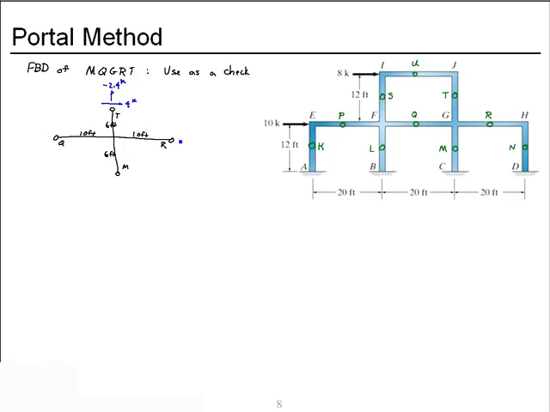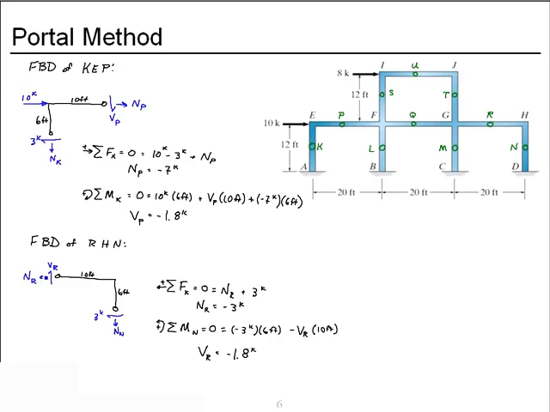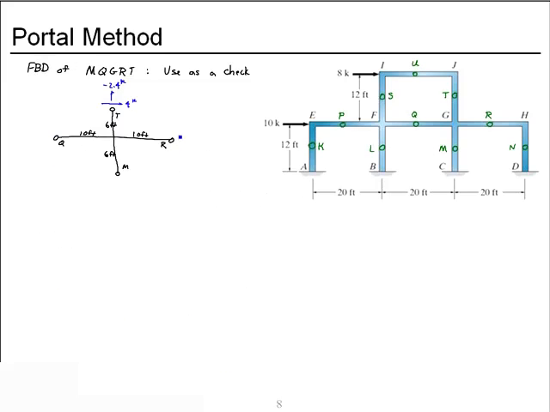We look back at our previous calculations for R, and we see that we obtained a negative 3 kips for the normal at R and a negative 1.8 kips for the shear at R. And I'll add those to our free body.